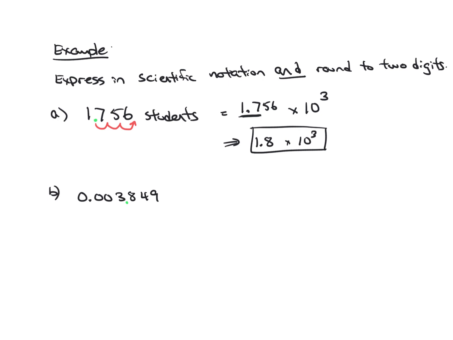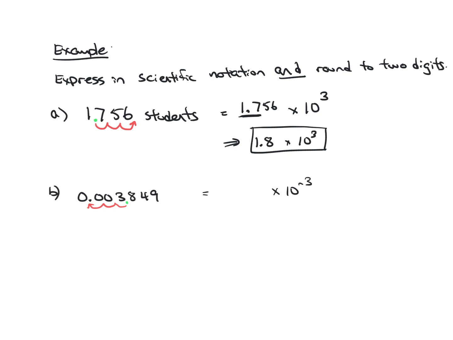Slide it and count how many times you slide it to get the original number back. So this time I have to slide left to get back to the original decimal location. And I counted 3 spaces. So that means it's going to be times 10 to the negative 3.